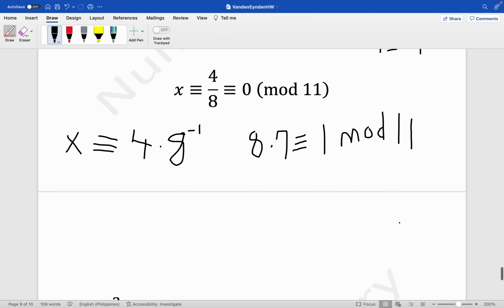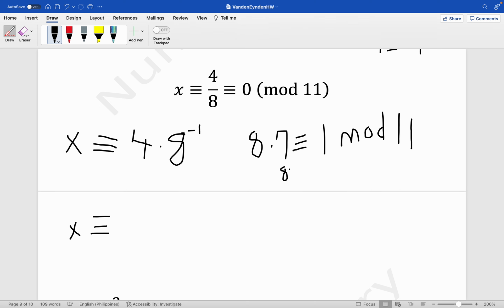I've got room here, so we can write down that x is congruent to, and what this really means is that the 7 that you see right here would be the same as 8 inverse.